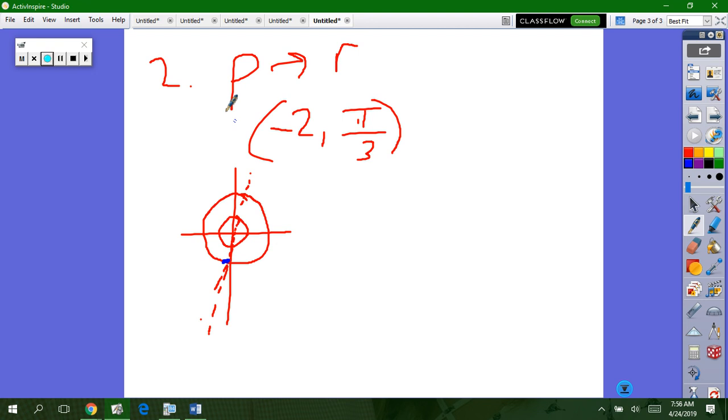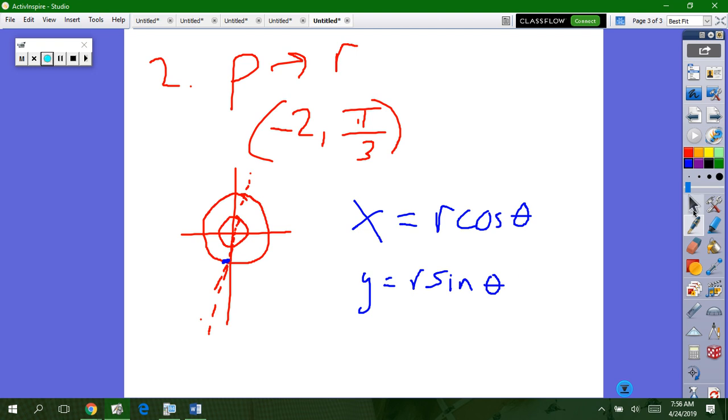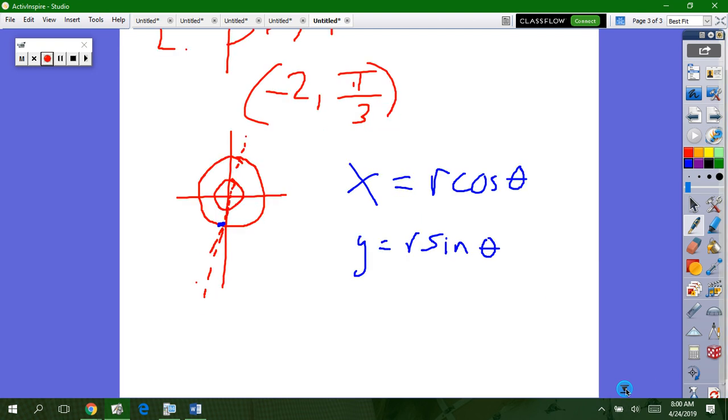And remember, the way we go from polar to rectangular is using x equals r cosine theta, y equals r sine of theta. Do we already know what r and theta are?